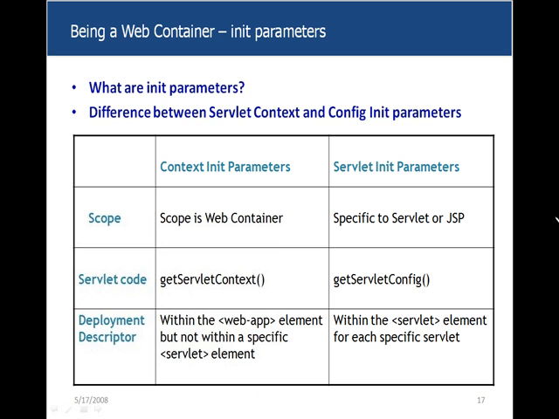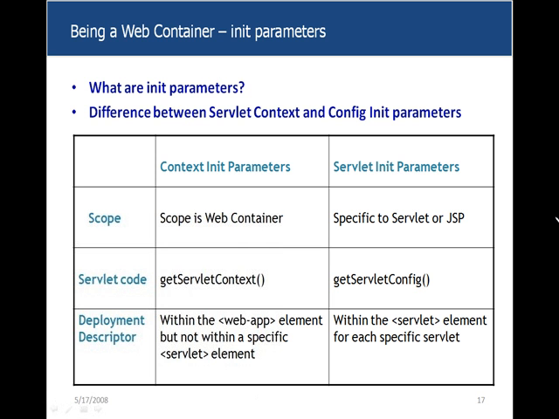One of those is the init parameter element. Whatever initialization parameters you want to put in your servlets or your apps, you can put that value in the web.xml in the init parameter tag.